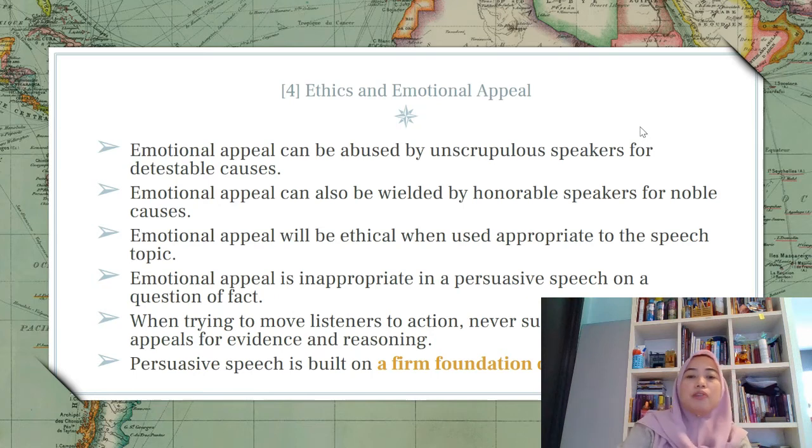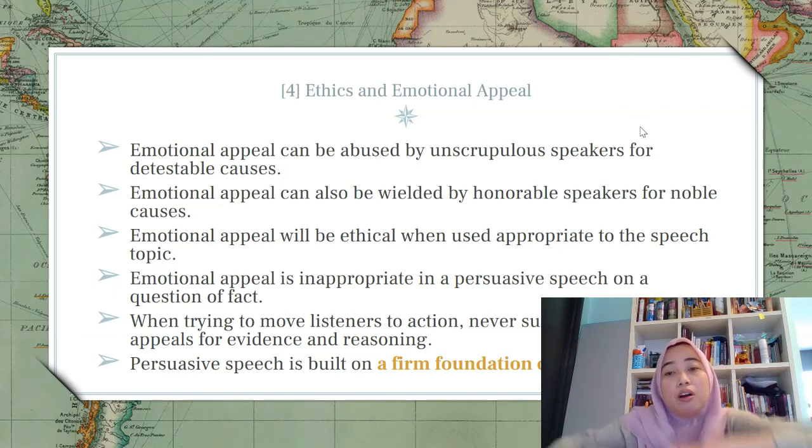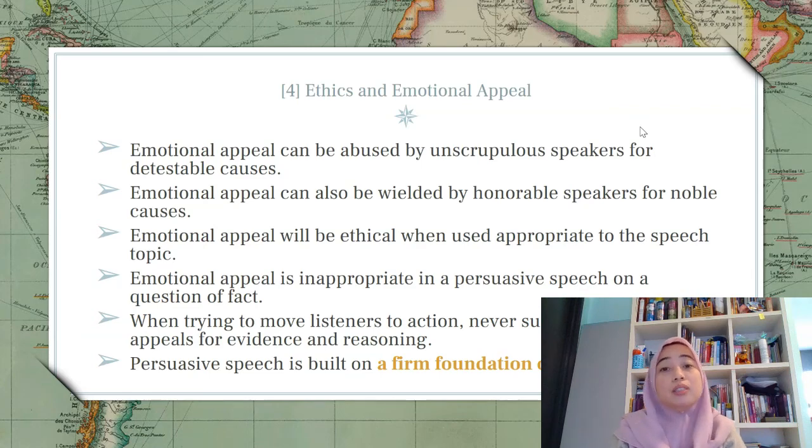And when we're trying to move your listeners to action, never, ever, ever substitute emotional appeals for evidence or reasoning. Persuasive speech is actually built on a firm foundation of facts and logic. And I hope by exposing you to a little bit of theory on critical thinking, you'll be able to know if your argument is good or bad.